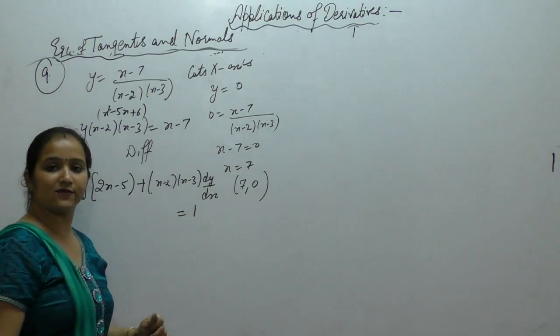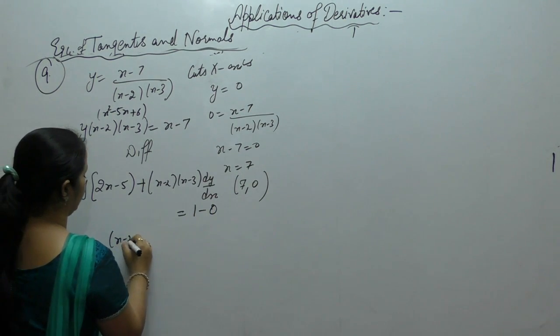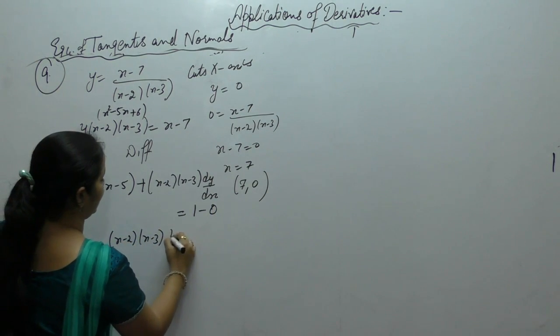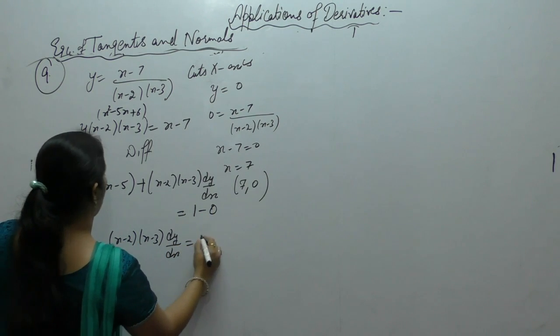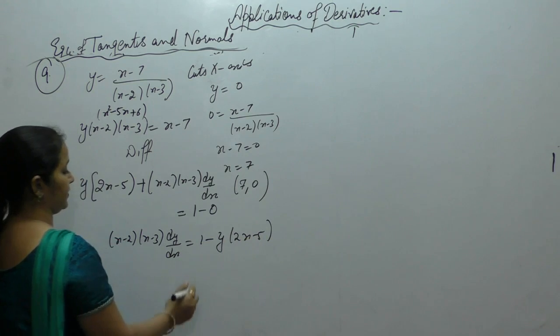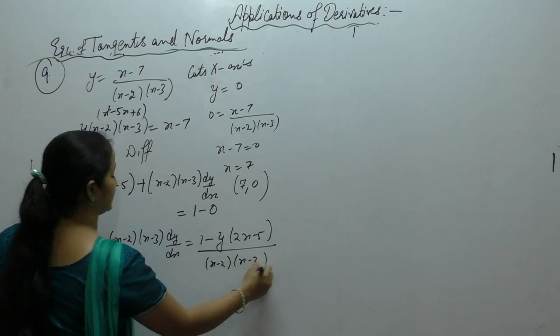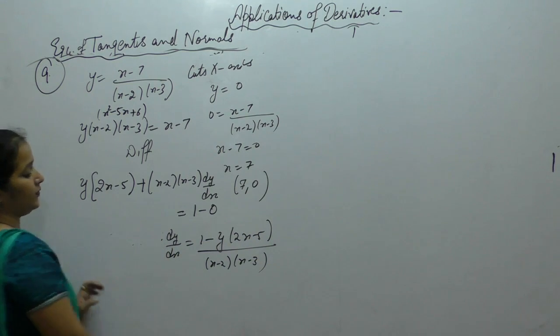Derivative of x is 1 and constant term is 0. From here we want to find dy upon dx. 1 minus y into 2x minus 5, or dy upon dx is equal to this. In the next step we get this term.